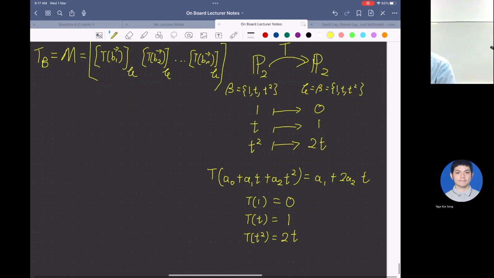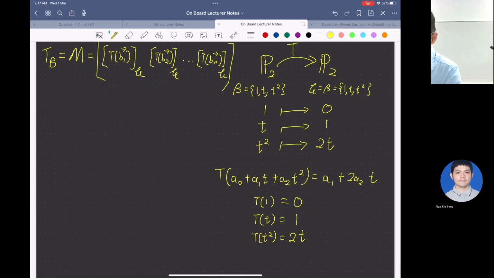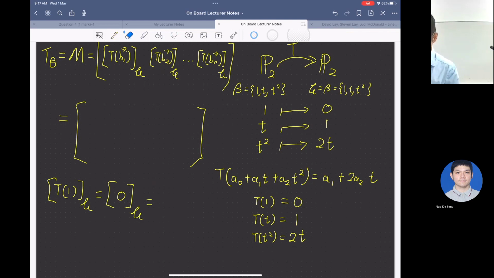So let's put it back here. What's the coordinate vector for 0?